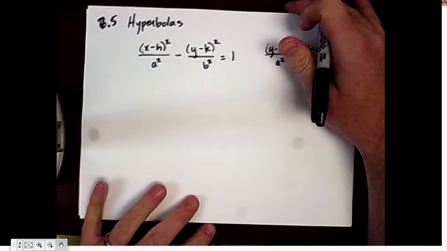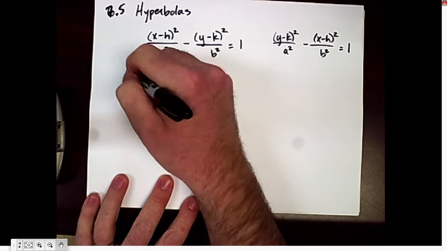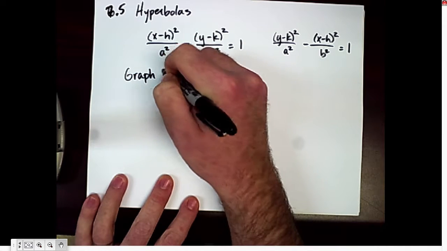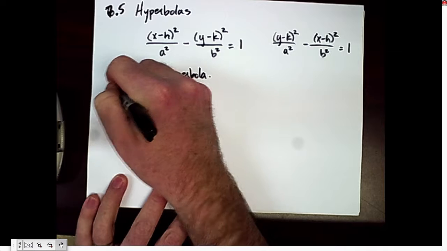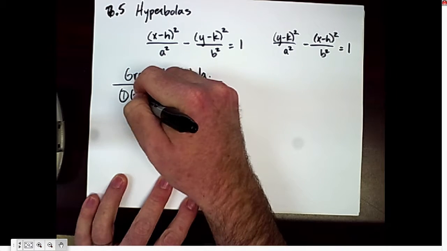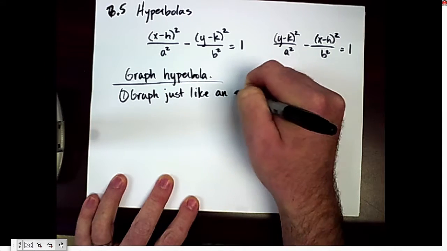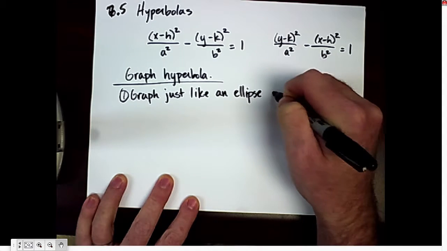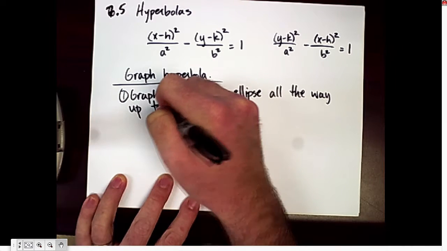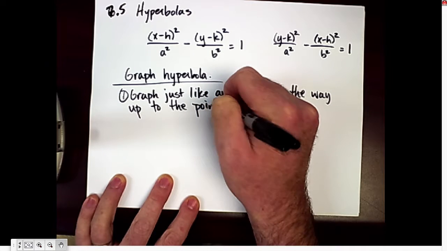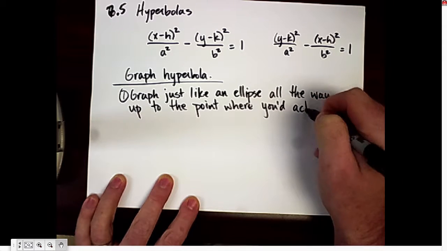The way you graph it is almost identical to an ellipse. So what you do to graph a hyperbola, first thing is you graph just like an ellipse, all the way up to the point where you'd actually draw the ellipse.